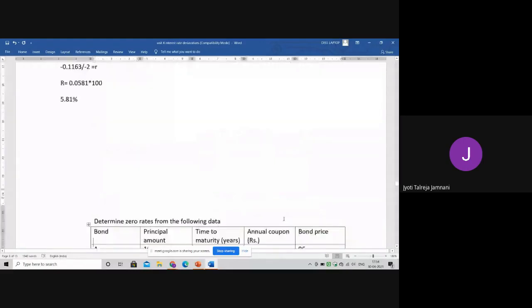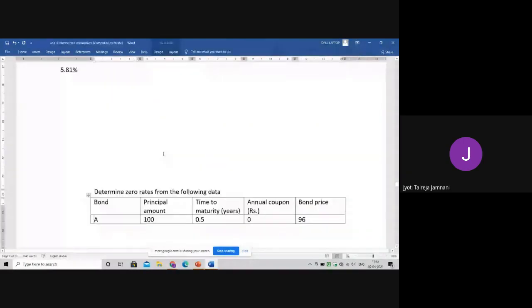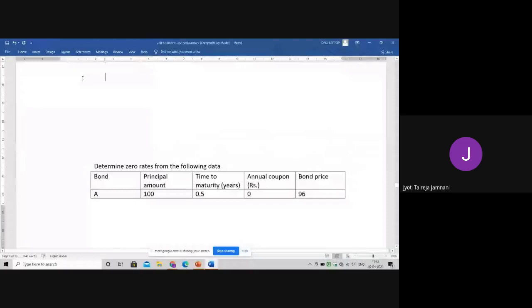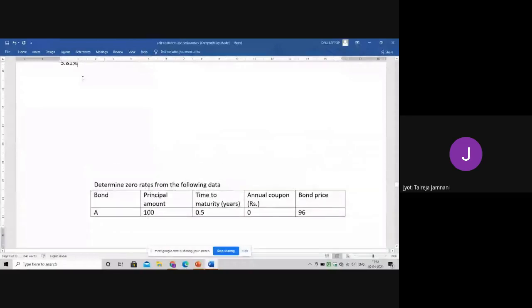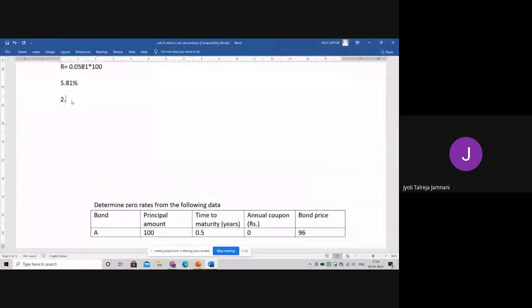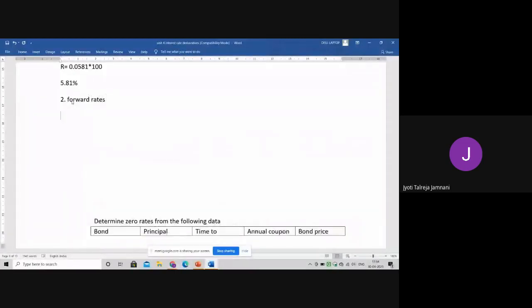First, we'll make a table of forward rates. In the second part, we are solving forward rates. Time to maturity and rates.